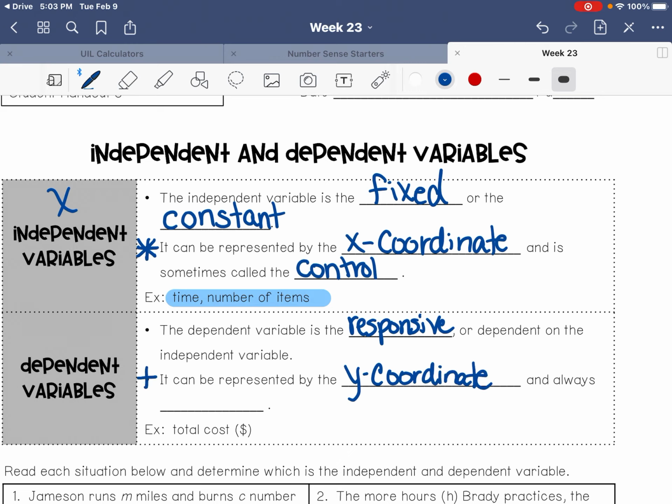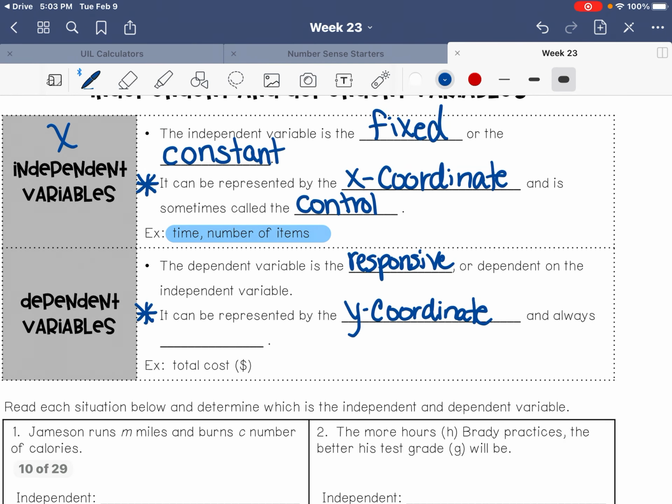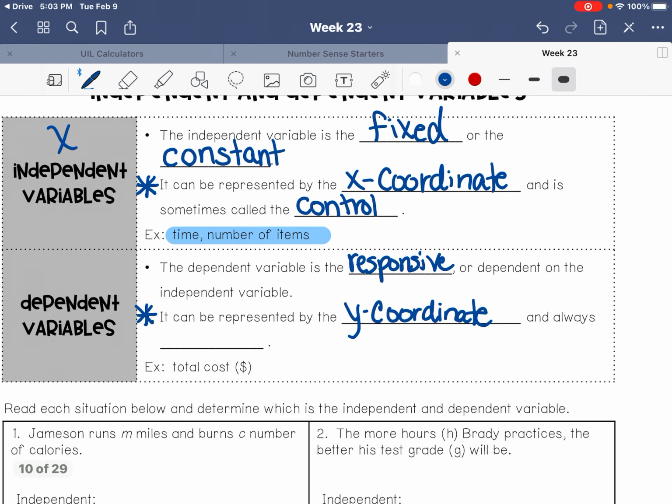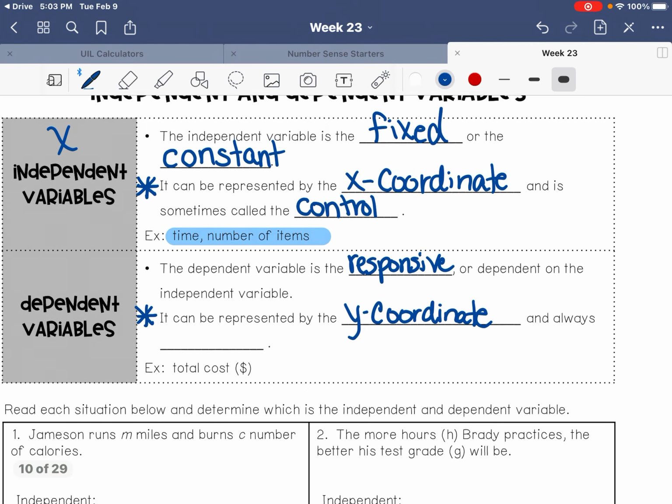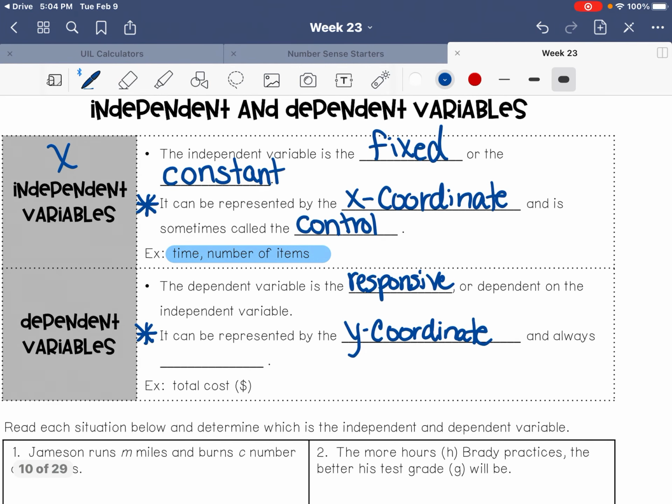Okay, you won't have to tell me what's dependent and independent as much as you'll have to be able to pick it out from a graph or a table. But it's important to know that the y coordinate is always dependent. The x coordinate is always independent. Okay, so it is represented on the y coordinate because it changes based on the x coordinate.